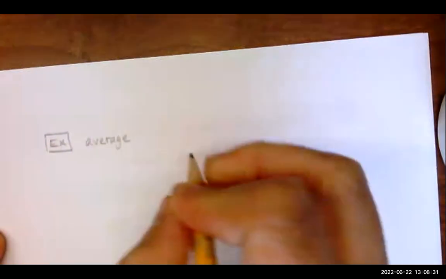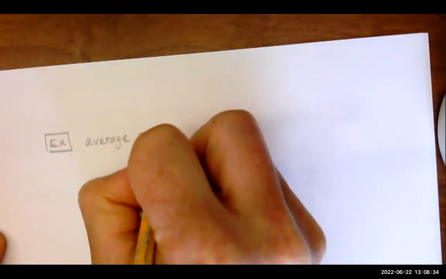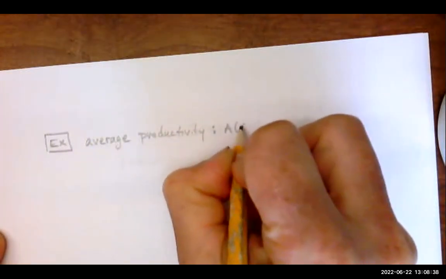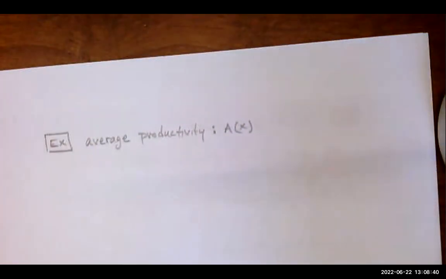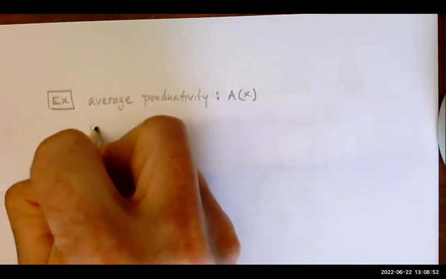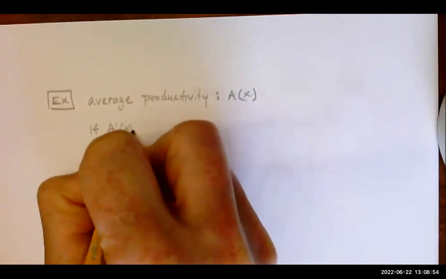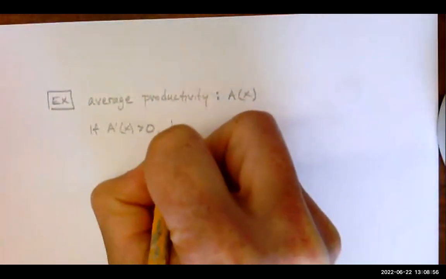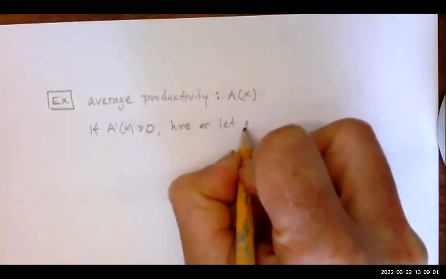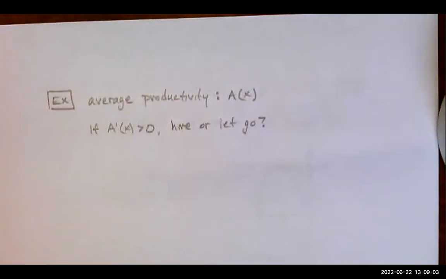We were told in a factory, the average productivity is A(x), the average productivity for all of the employees. x is the number of employees. Then they said, if A'(x) is positive, should they hire more workers or let some people go?